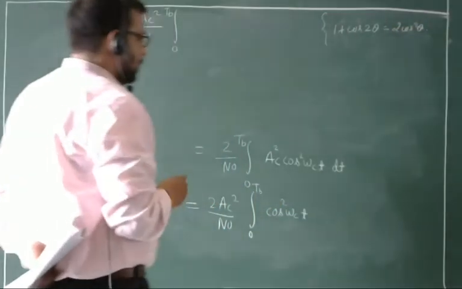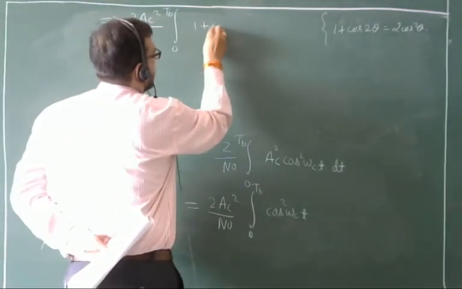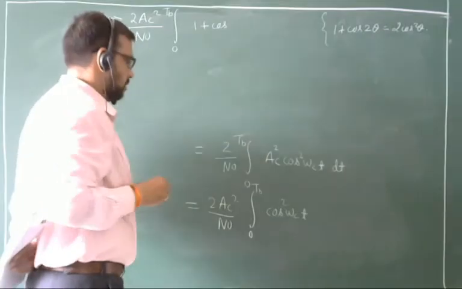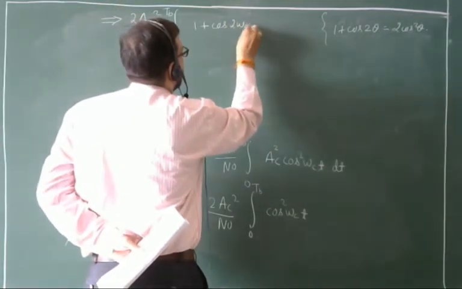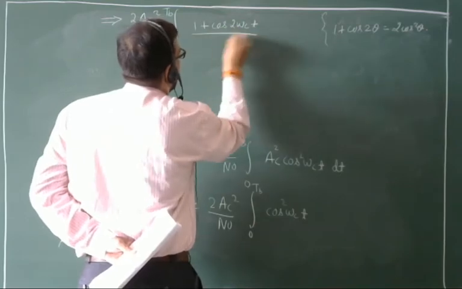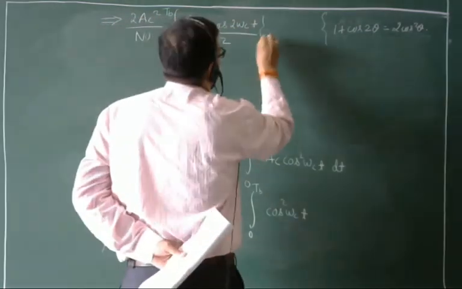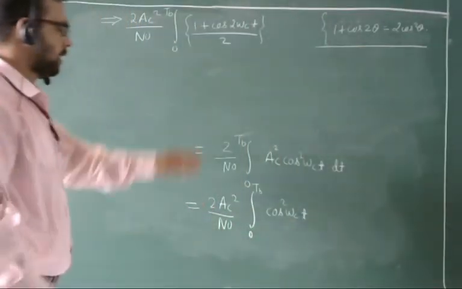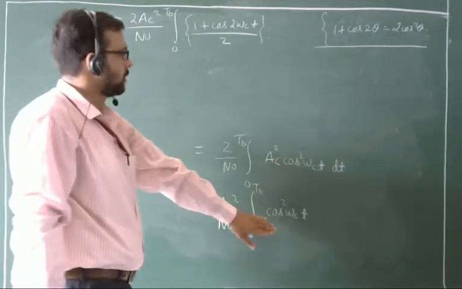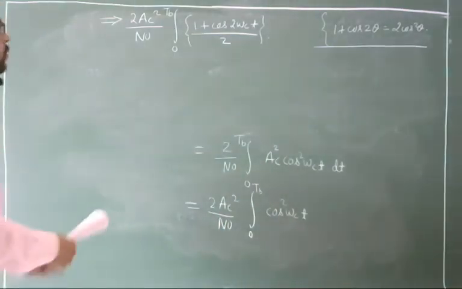Using this formula we get 1 plus cos 2 omega c t upon 2. By this trigonometric relation, we place cos square omega c t equal to 1 plus cos 2 omega c t upon 2.